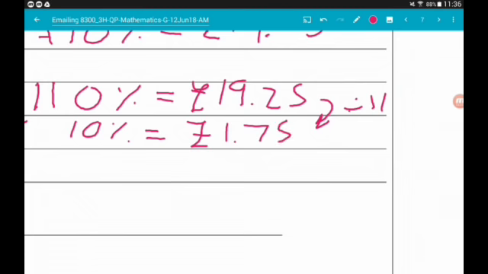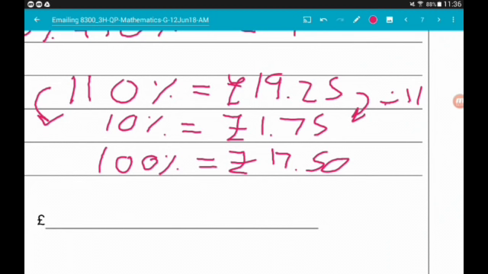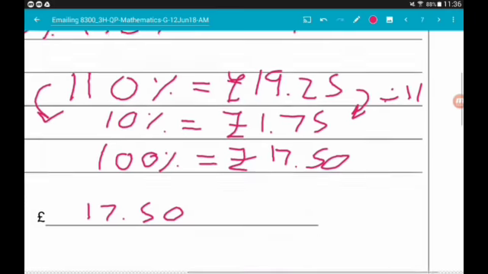Now 100% we can get by now multiplying both sides by 10. So 100% is £17.50p. Cool.